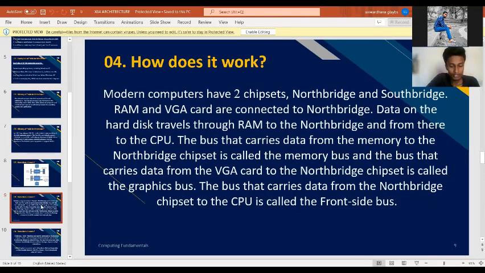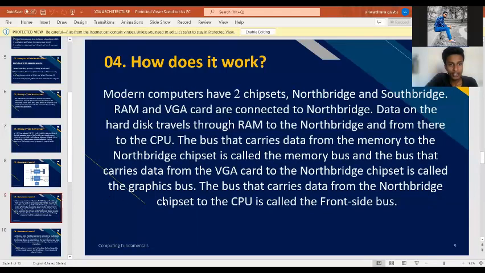A small chipset containing control information is called a chipset. Computers used in the past used to have a number of chips scattered in different places. But in the computers used today, the chips are all placed in one place.